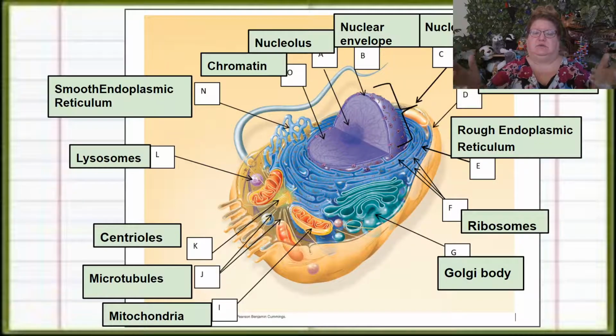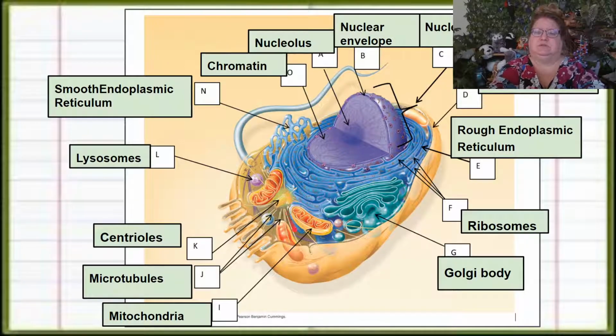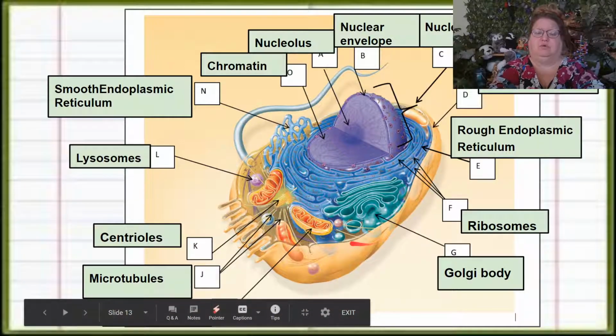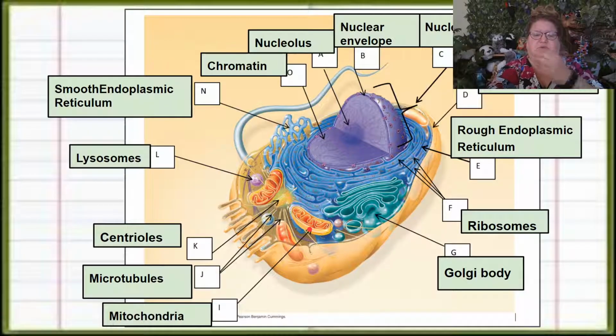For cells that don't have a cell wall, this is a lot of how the shape of the cell is made. But they can also serve as little transport highways. Very important, these microtubules. The centrioles are kind of centrally located outside the nucleus, and they kind of organize the microtubules. We'll talk about them as well.